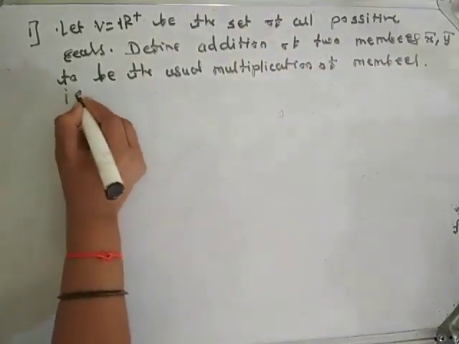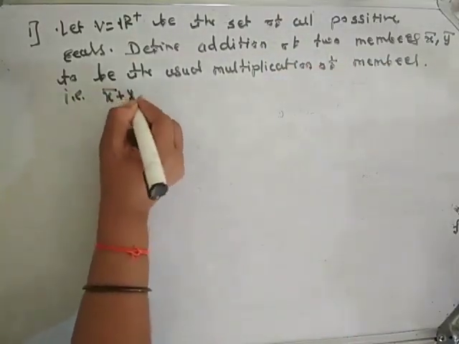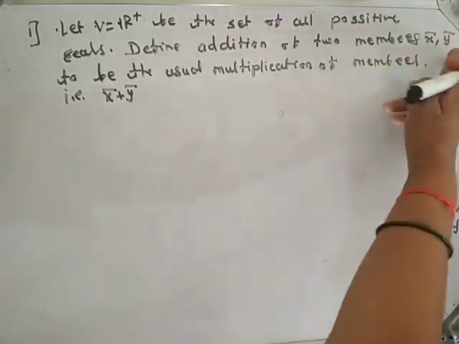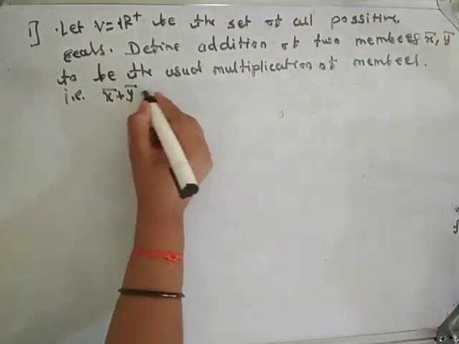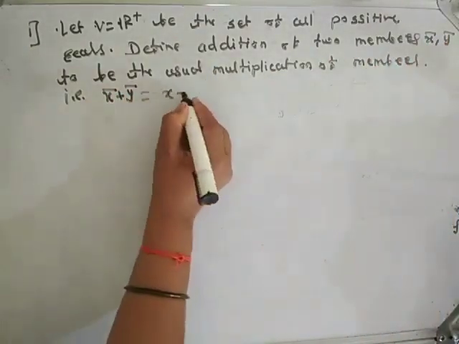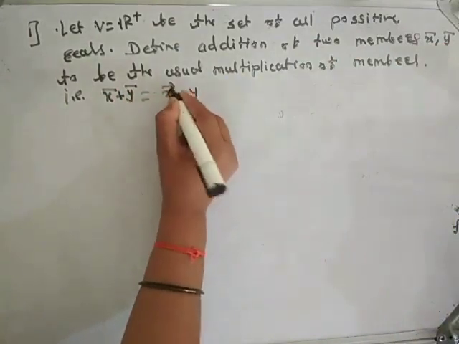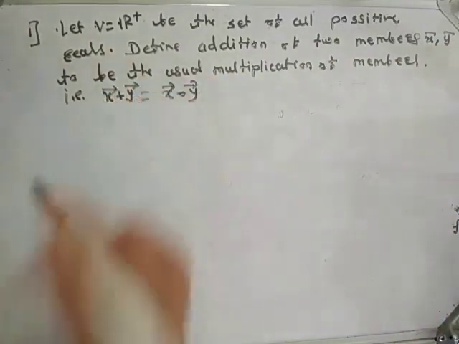That is, x bar plus y bar is equal to the usual multiplication of members, meaning x bar into y bar.